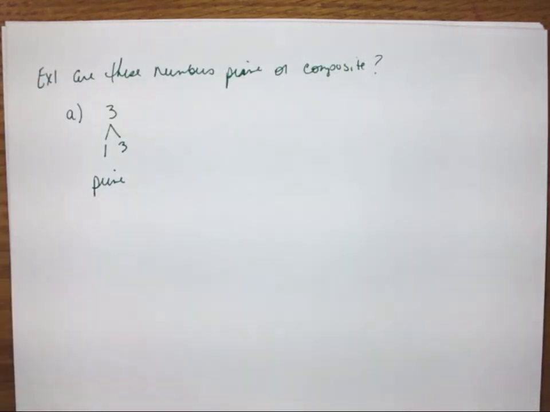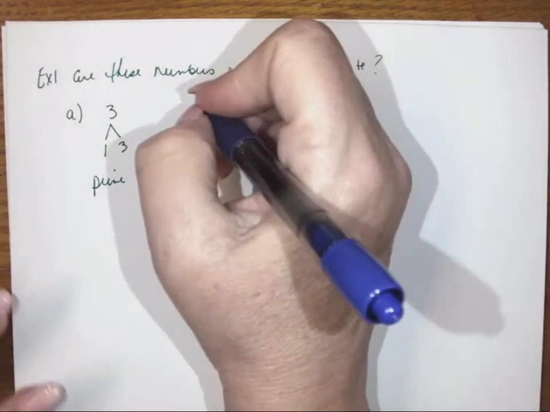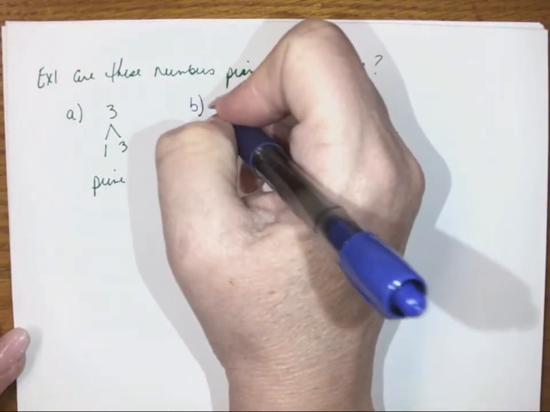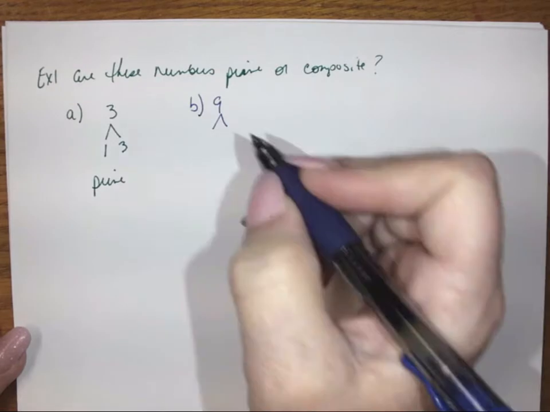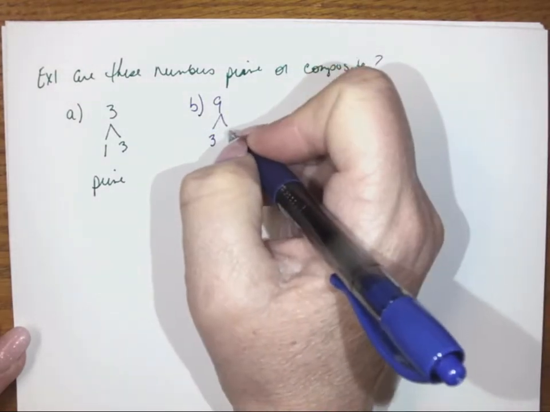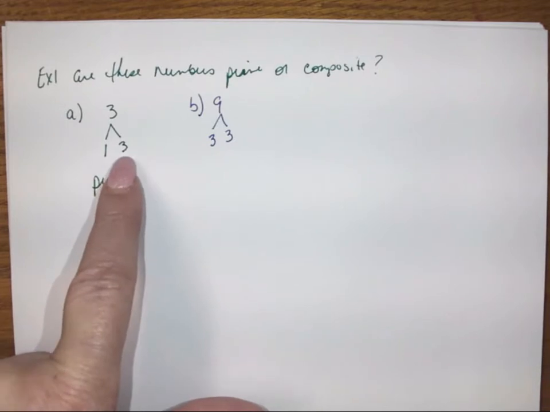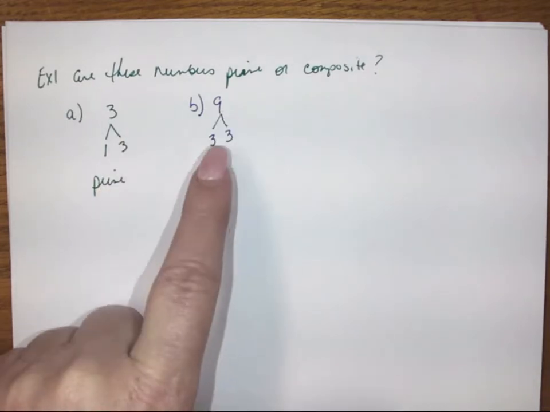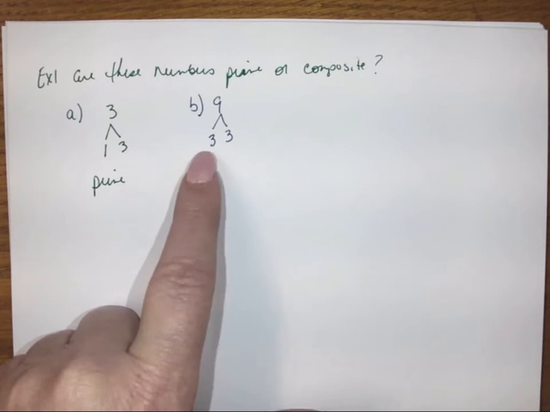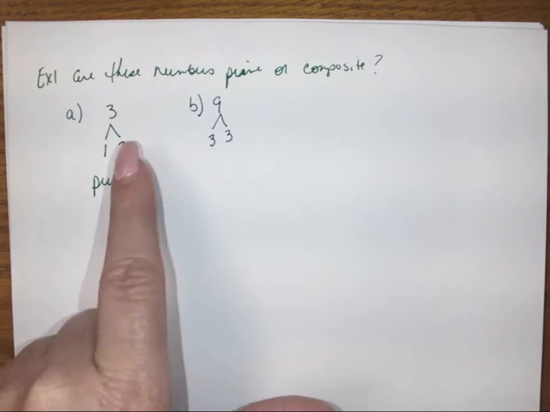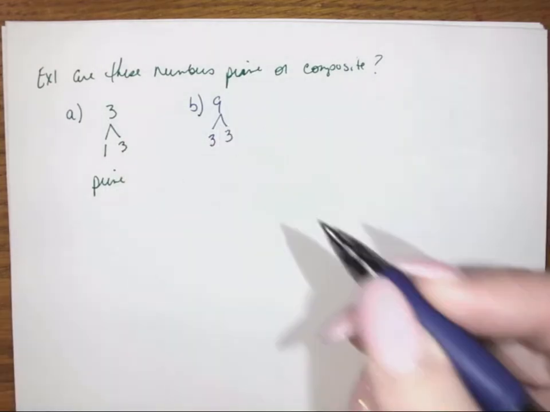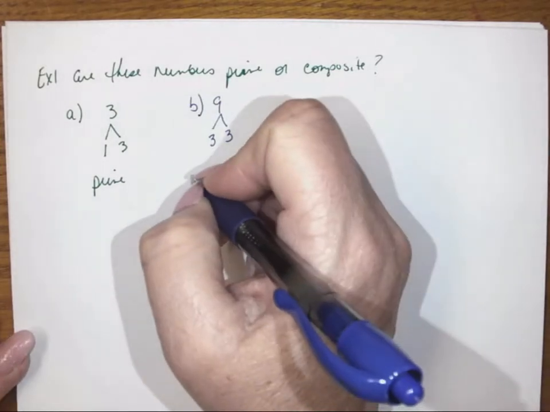If I look at the number 9, 9 is divisible by 3 times 3. So I'm only going to write the 1 in the number if it's a prime number. If it's not, I'm looking at what else I can divide it by. I now know that 3 would be 1 times 3. So this tells me this one is going to be composite.